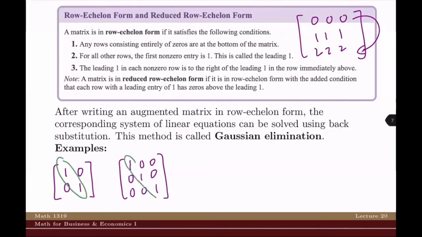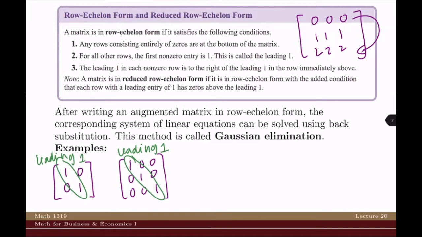And these are called the leading one. And it's like a step stool. They always have to go on the diagonal. So you can't have like a 1 here in this spot. That's not correct. The ones have to be on the diagonal from left to right.